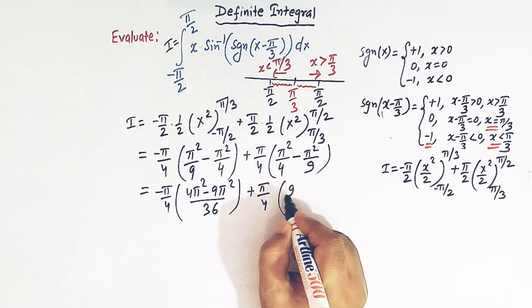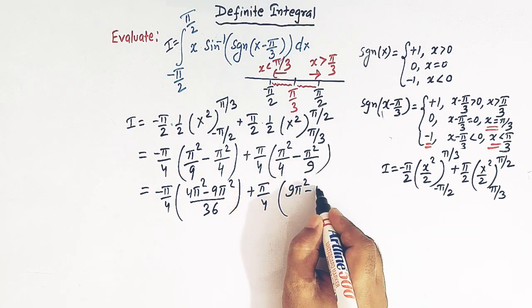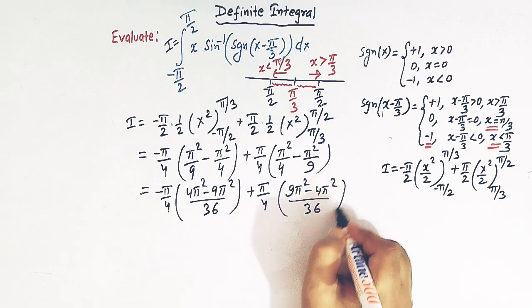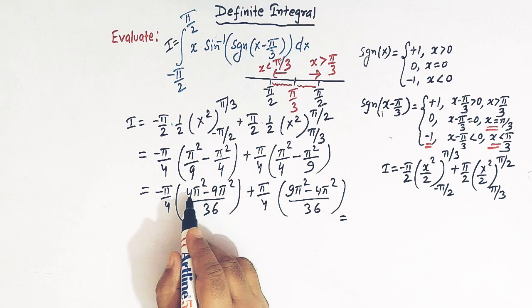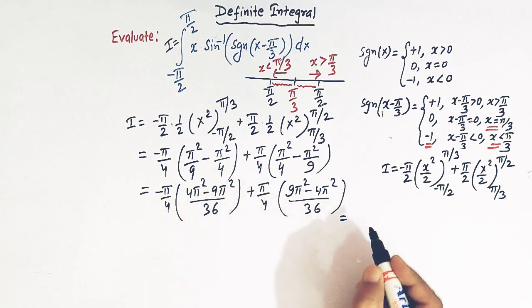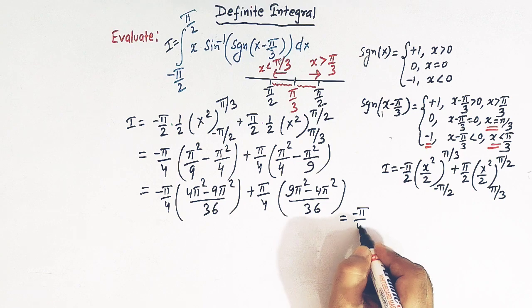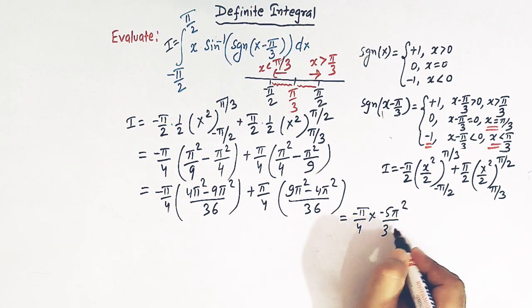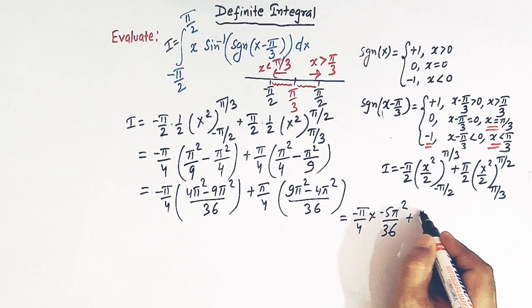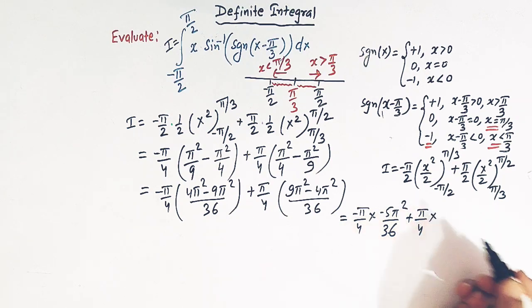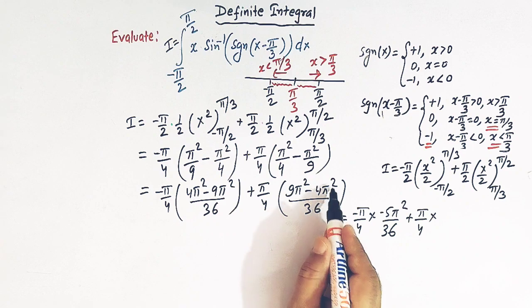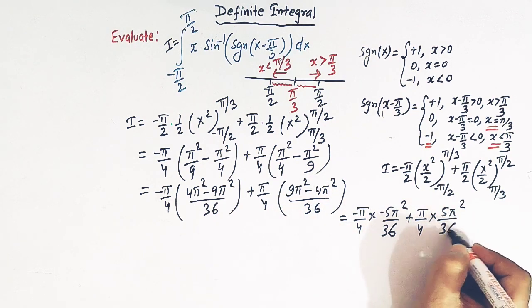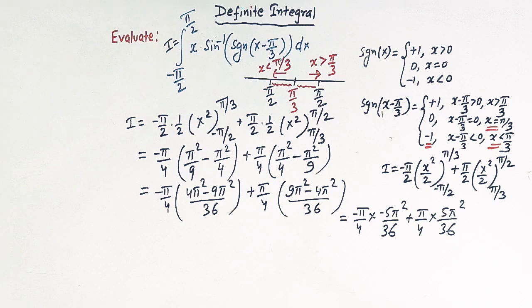Again taking the LCM, we have 9 pi square minus 4 pi square over 36, and now 4 pi square minus 9 pi square is minus 5 pi square over 36, and here we have pi by 4 times 9 pi square minus 4 pi square, which is 5 pi square over 36, right?